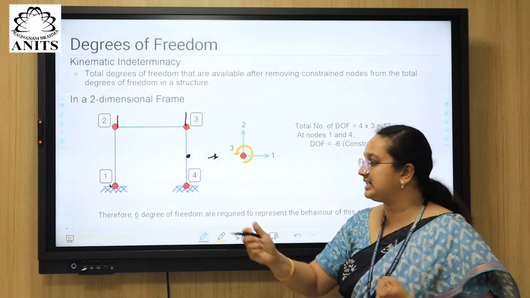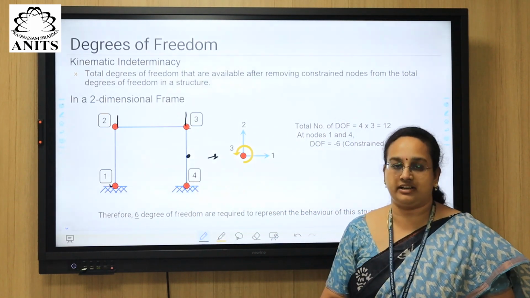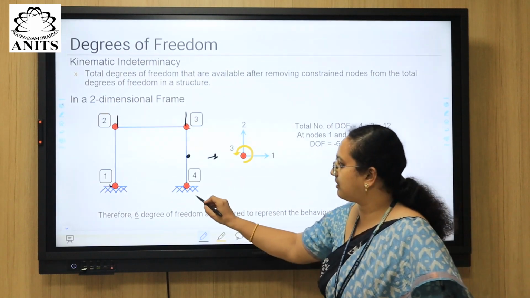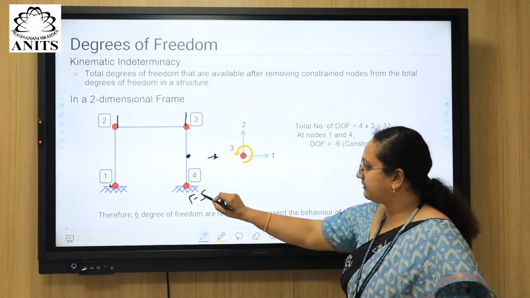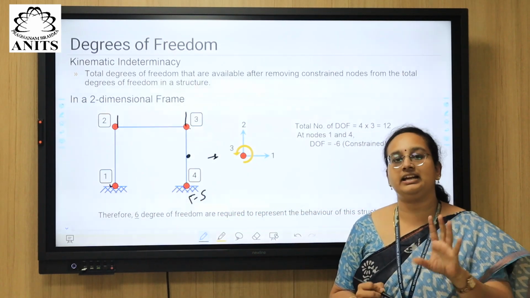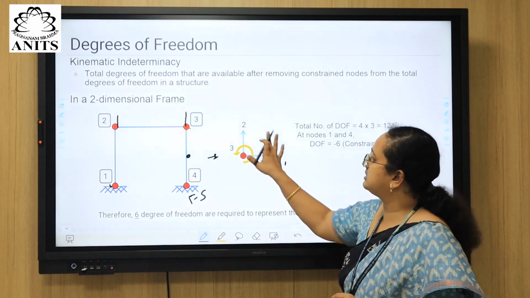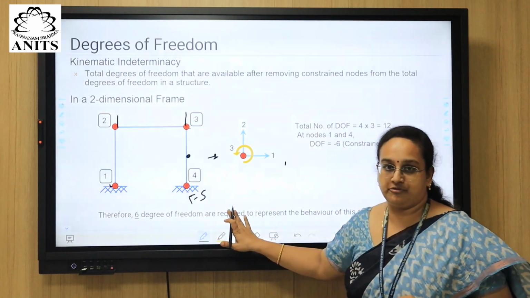That means these points are not allowed to move in any of the 3 directions, right? That is what is called a fixed support. If you are defining a fixed support, that means the node cannot move in any direction. So all the 3 degrees of freedom are not possible at node 1 and at node 4.